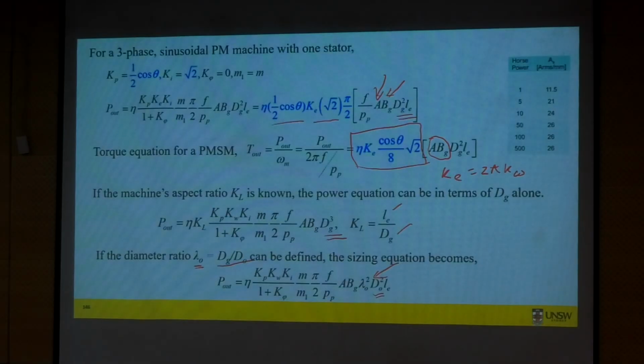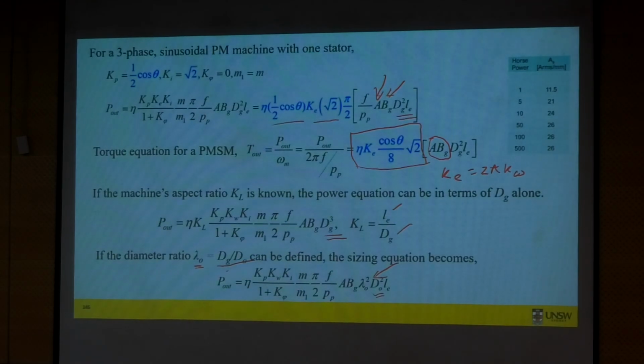In that case, you may already know what Dg is from this ratio. You find that D out is known. So that's how you can find out the two main dimensions, okay? And this is what you should do as your first stage. If you're doing it from scratch, you have no other reference point, then this is where you should start.